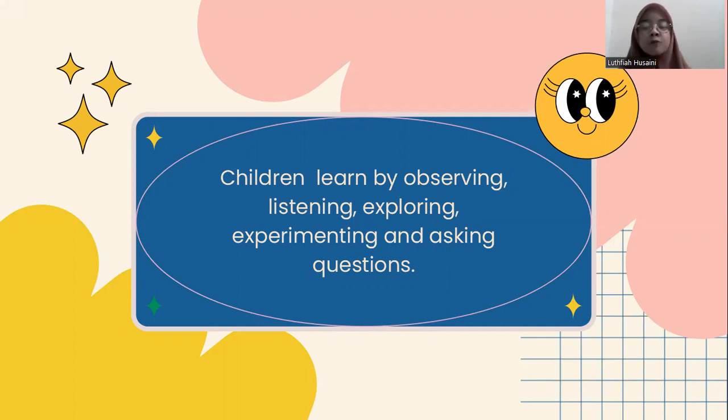They learn by seeing what we do and what we say. They observe first, and after that they will follow us. They will imitate us, so we have to do something good. We have to speak politely because they observe a lot of things and they will imitate the people around them.